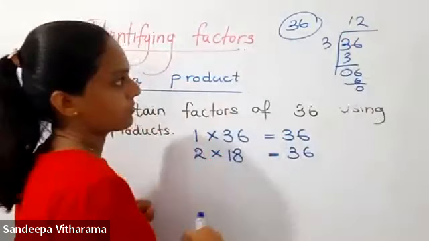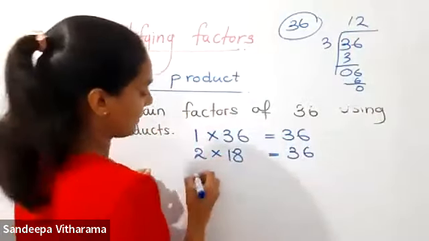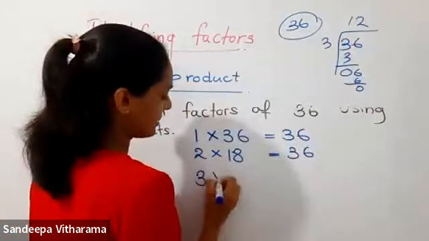So it is 12. So 3 into 12, the answer is 36. Next, 4. Yes, because 9 into 4 is 36.